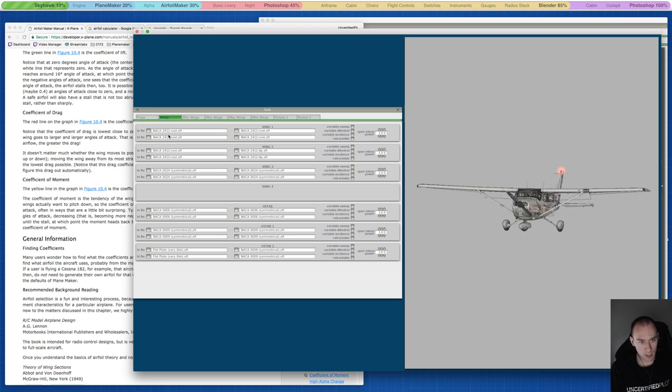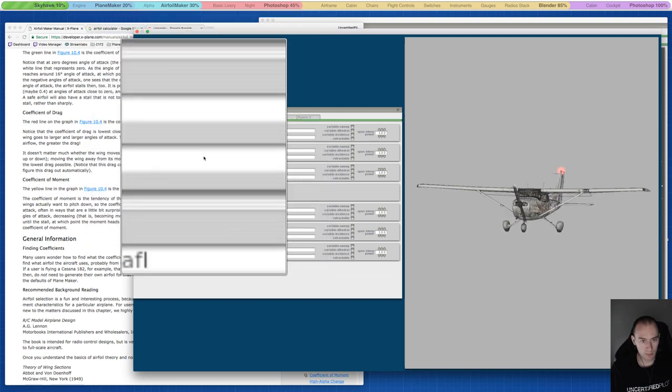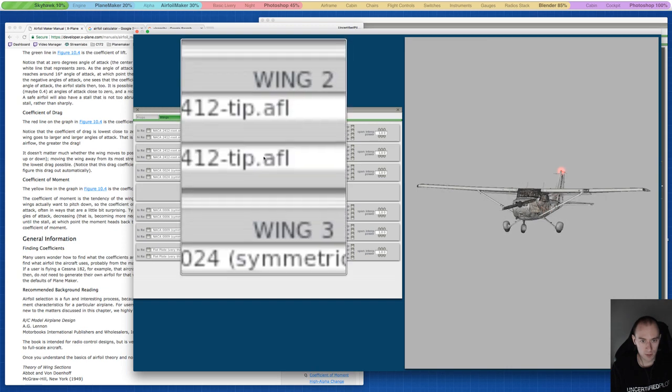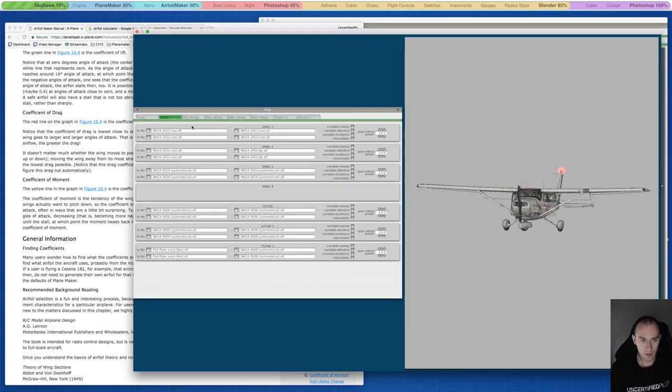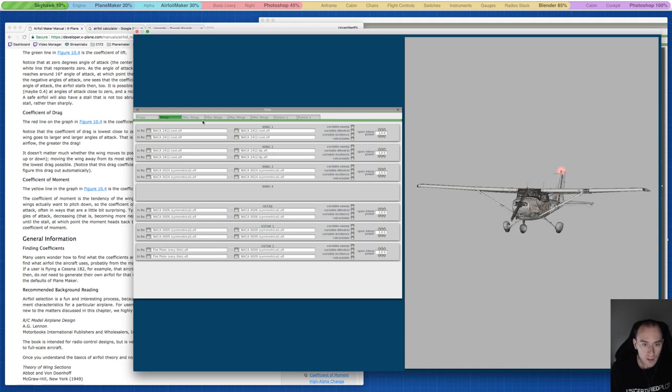You guys made a root version and a tip version. Root, tip, root. Wing number wing 2.